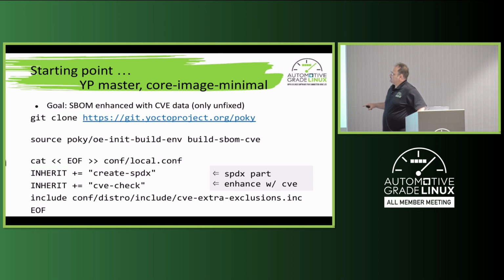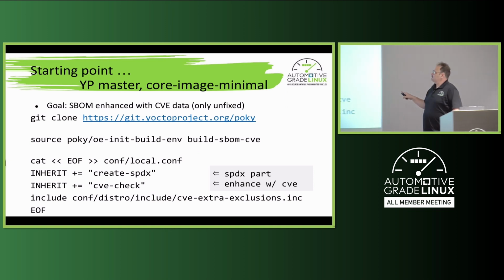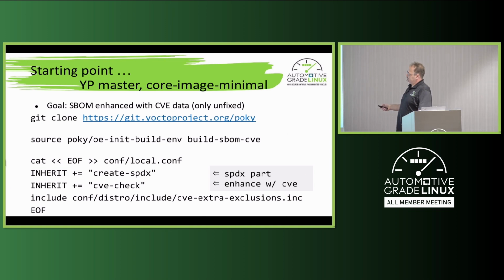So I did some experiments with Yocto Project Master and Core Image Minimal. So step by step, get Pokey. We just set up a simple environment, x86, QEMU, just stock stuff, and we enable two things, create SPDX and CVE check, right?